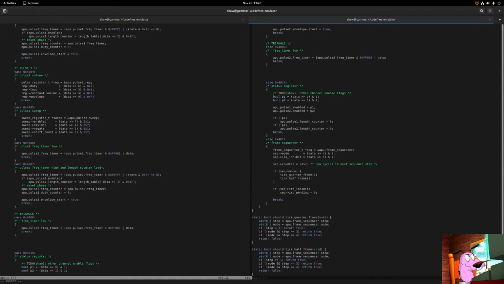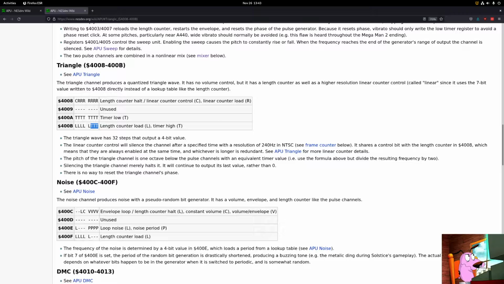Well, I guess it is the frequency timer. The pitch is 1 octave below the pulse channels with an equivalent timer value. Use the formula above, but divide the resulting frequency by 2.